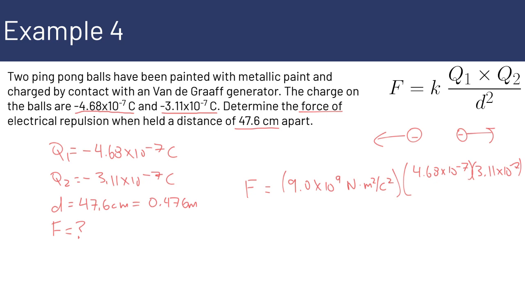It's a little squeezed in there, kind of tight. And then divided by our 0.476, and that's meters squared. So our force then is going to be equal to 5.8 times 10 to the minus 3 newtons.